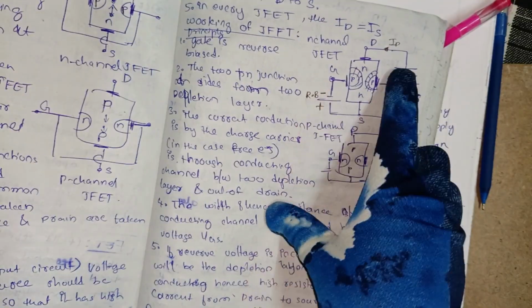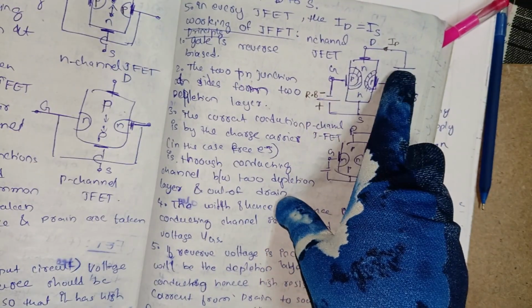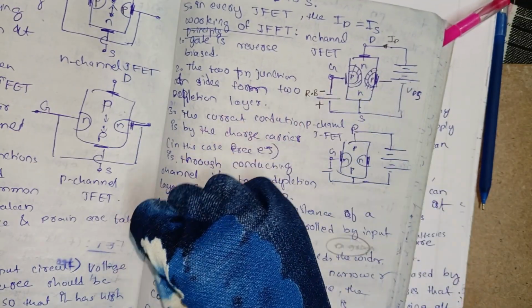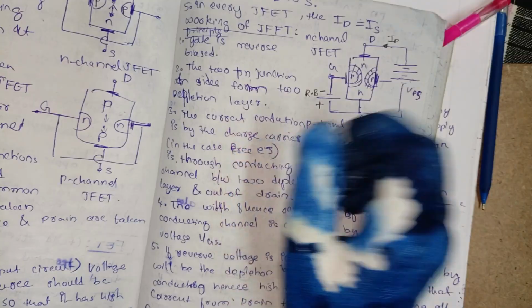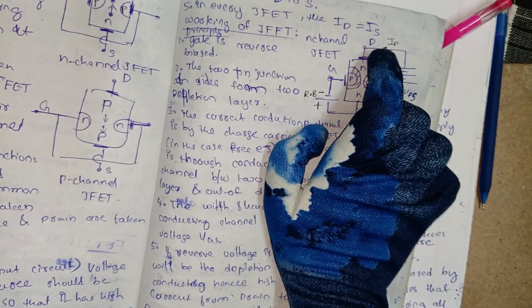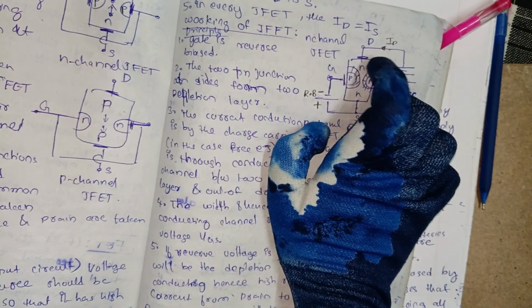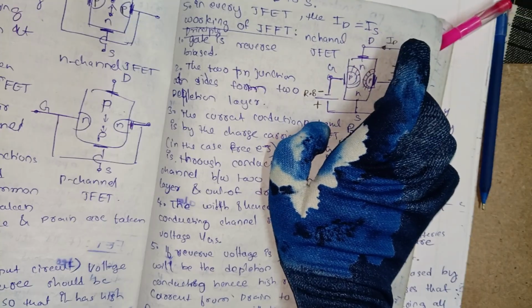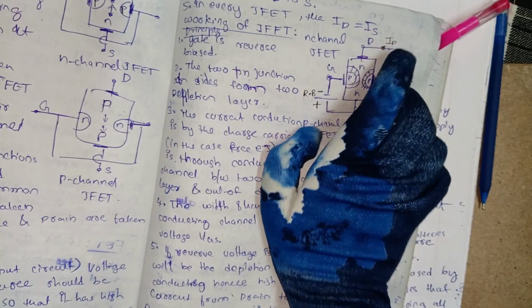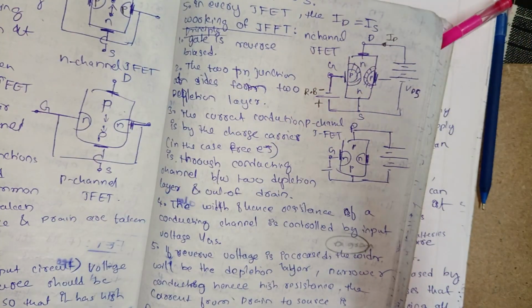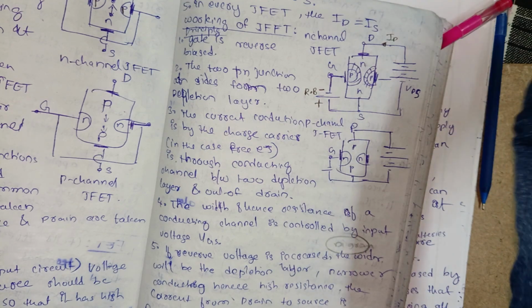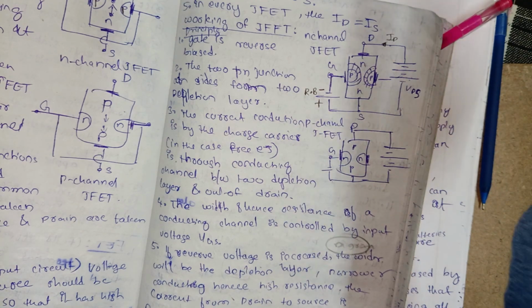Here we require two voltages, so biasing means using only the VDD voltage. You will understand this clearly in the biasing methods; I am just explaining an overview.